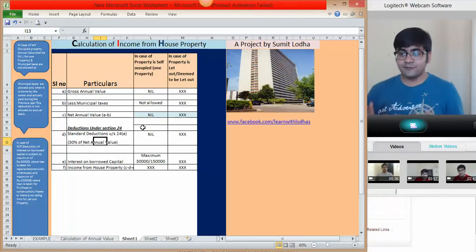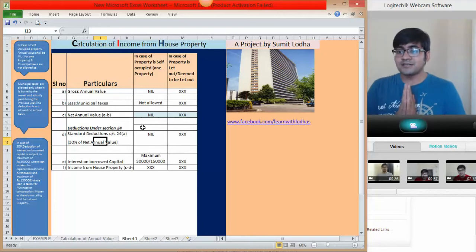But if you have taken the loan for purchase or construction of a new house, then you can use the extended limit, which is 1,50,000 rupees in a year. So you can claim a maximum deduction of 1,50,000 rupees in a year of interest out of your nil value.